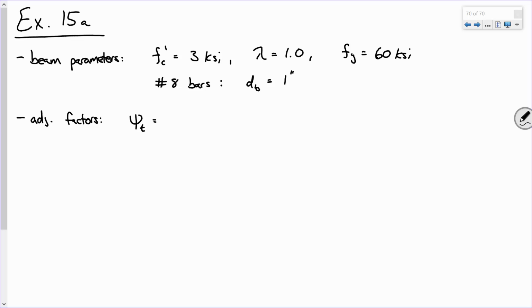That takes into account whether or not there's 12 inches of fresh concrete below the bars. Do we have that for this beam? No. So what is psi sub t for this beam? 1. So I'm going to say psi sub t is 1.0, and I'm going to say bottom bars.